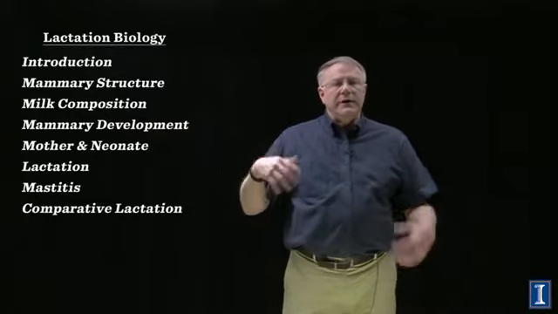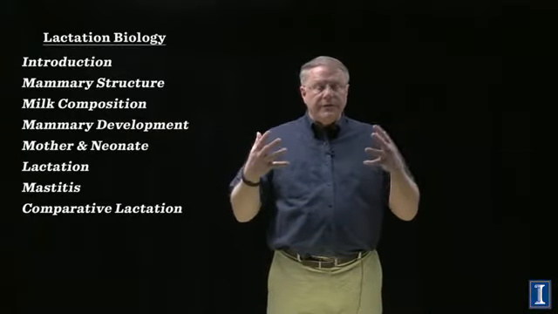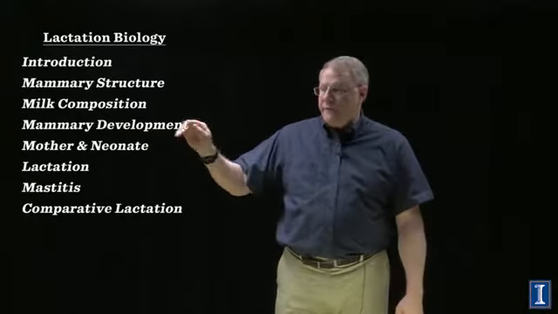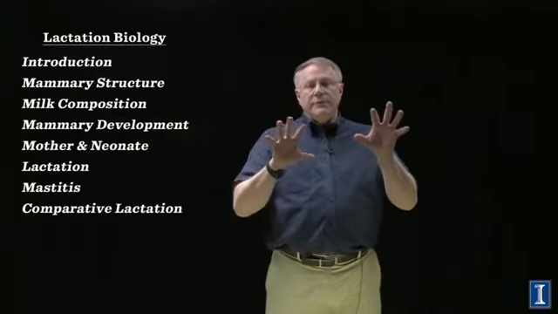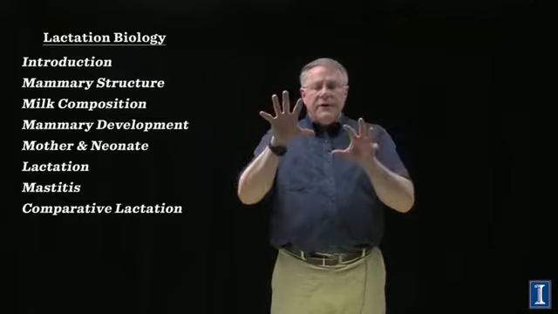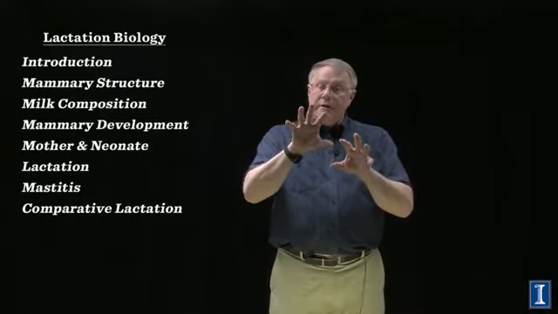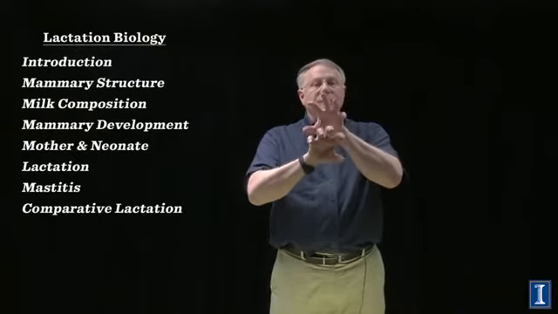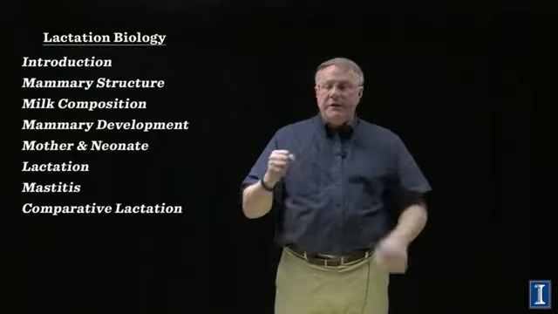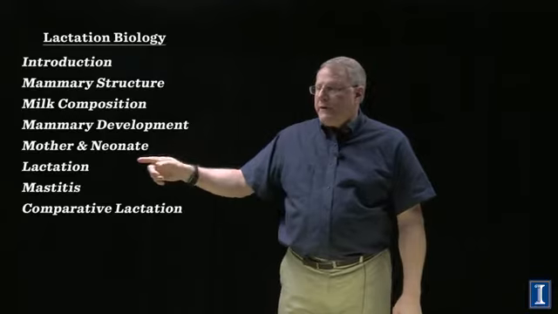Mammary gland development, how does the mammary gland develop at different stages of development of this tissue called the mammary gland. Mother and neonate, this is one where I've put together some things where at birth of the young, we have the mother, we have the mammary gland, and we also have the neonate. So we start putting those things together and they start impacting each other. And we'll talk a little bit about that here.